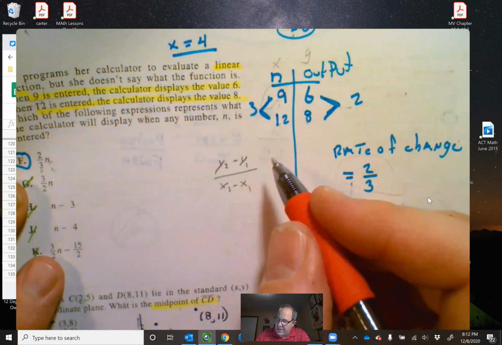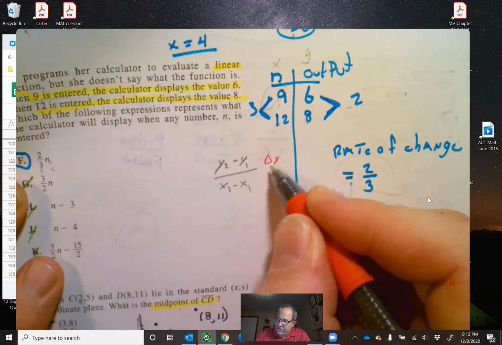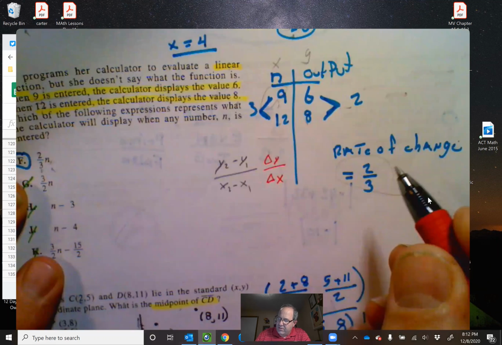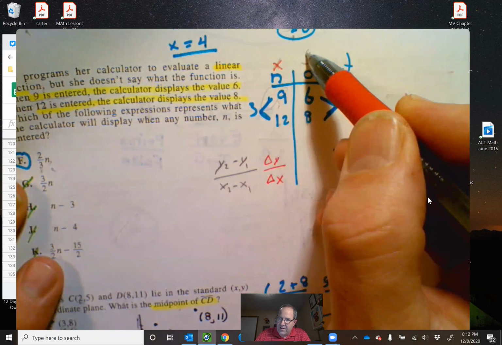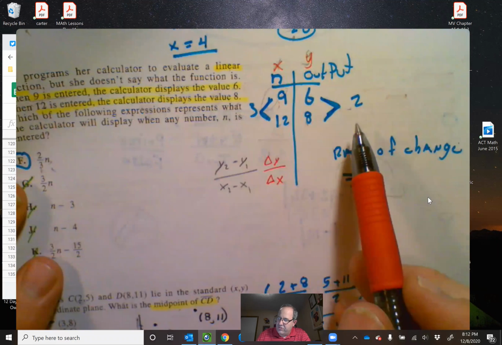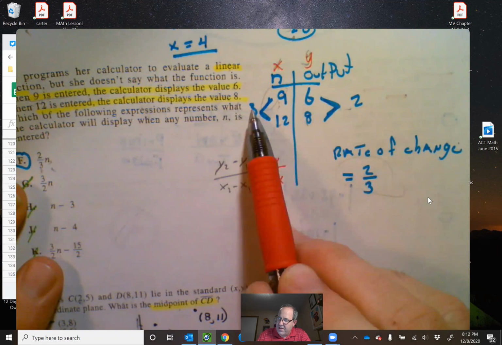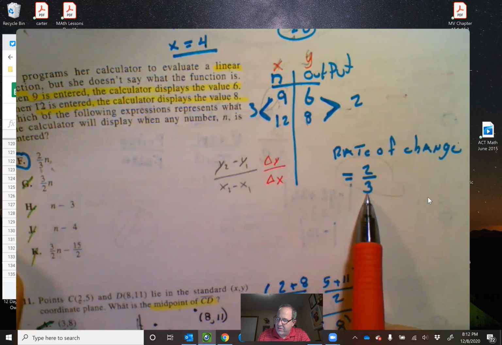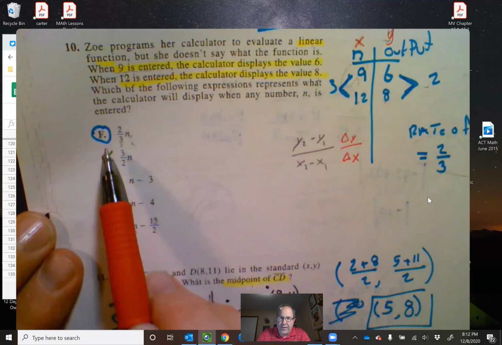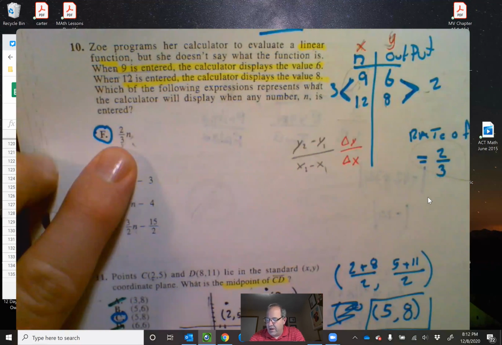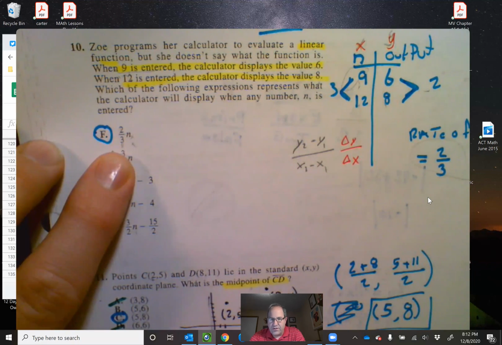The change in y over the change in x. Well, this is x and this is kind of like y. Well, the change in y is 2 and the change in x is 3, so 2/3. I'm looking, letter F is the only one with a rate of change of 2/3.